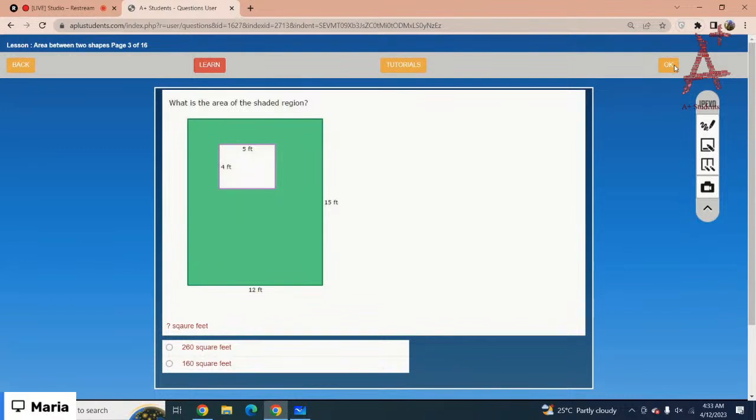That would be 180. So 180 minus 20 is 160 square feet. Got it? Very good.